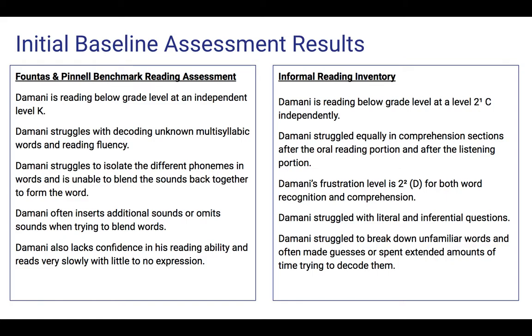Damani was found to be at an independent level K, which is below grade level for the end of second grade. It was clear from his assessment that he struggles with decoding. He struggles with fluency, being able to break down multi-syllabic words.